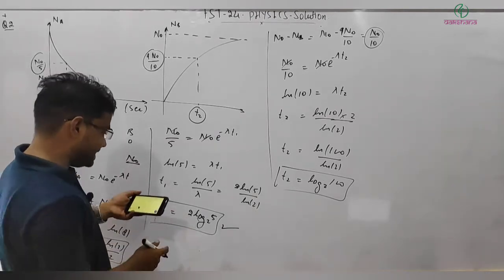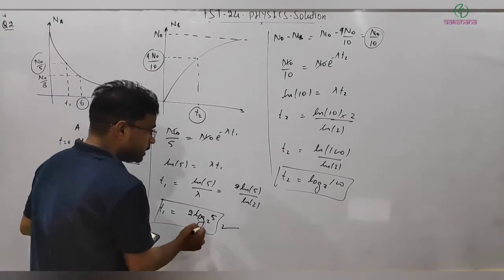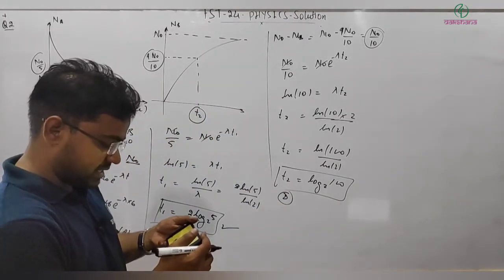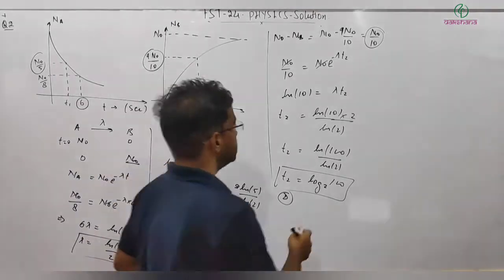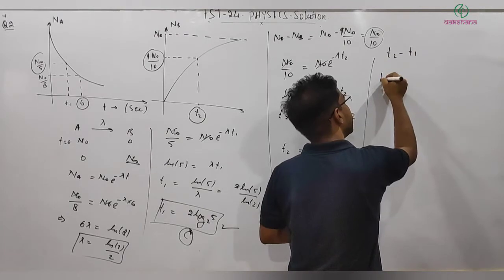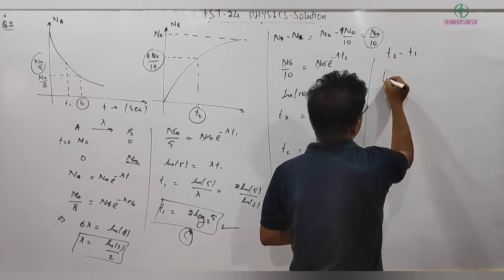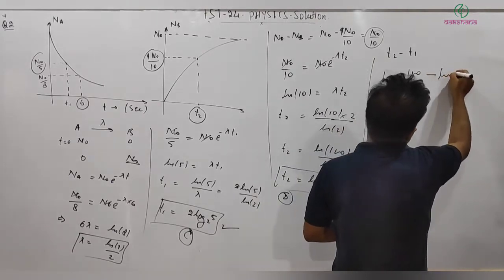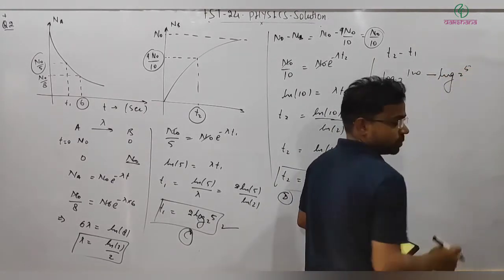So we actually got C and D: this matches with option C, this matches with option D. And let's get t2 minus t1, that will be log 100 base 2 minus log 5 base 2. Clear?